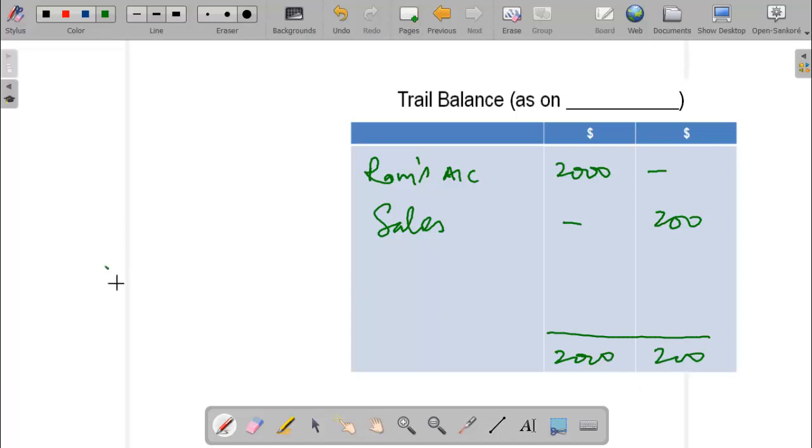So there is a difference of 1800, isn't it? So this error is called a one-sided error. If any error affects the total of trial balance, then that error is known as a one-sided error. Due to this error, the total of trial balance is not coming the same. There is a difference of 1800. So this is a one-sided error.